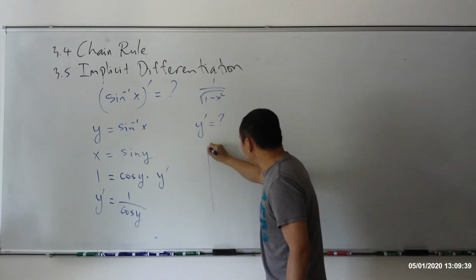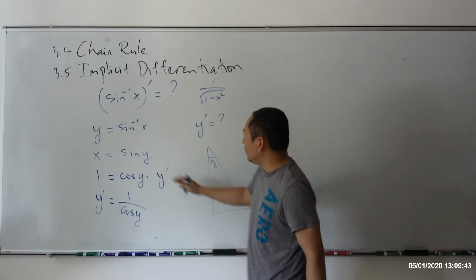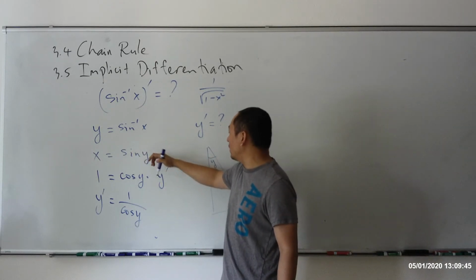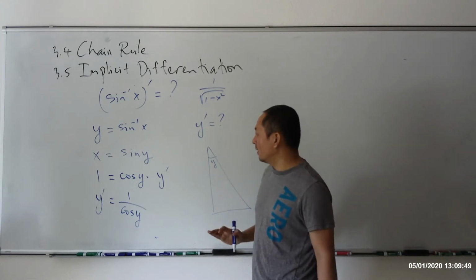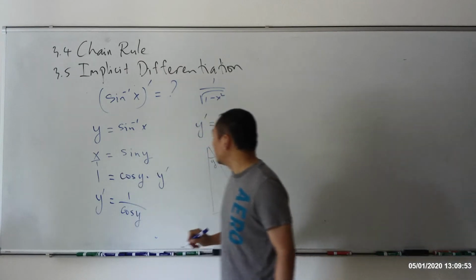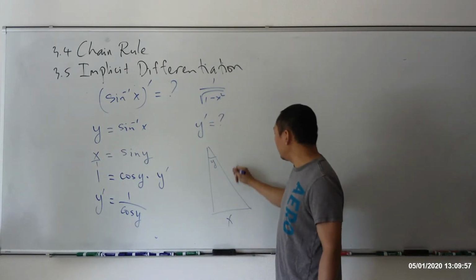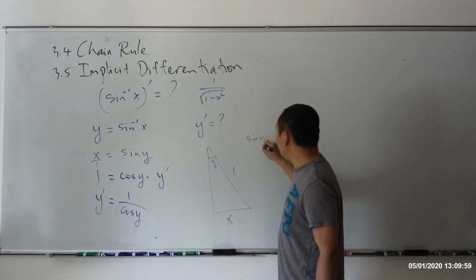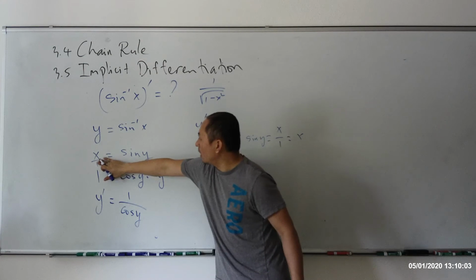If I draw the right triangle and this angle is y, sine of the angle is opposite over hypotenuse, and that's equal to x. So think of x as x over 1. Sine is opposite over hypotenuse, so the hypotenuse is 1. So I have sine of y equal to x over 1, which is x. That's the formula right here.